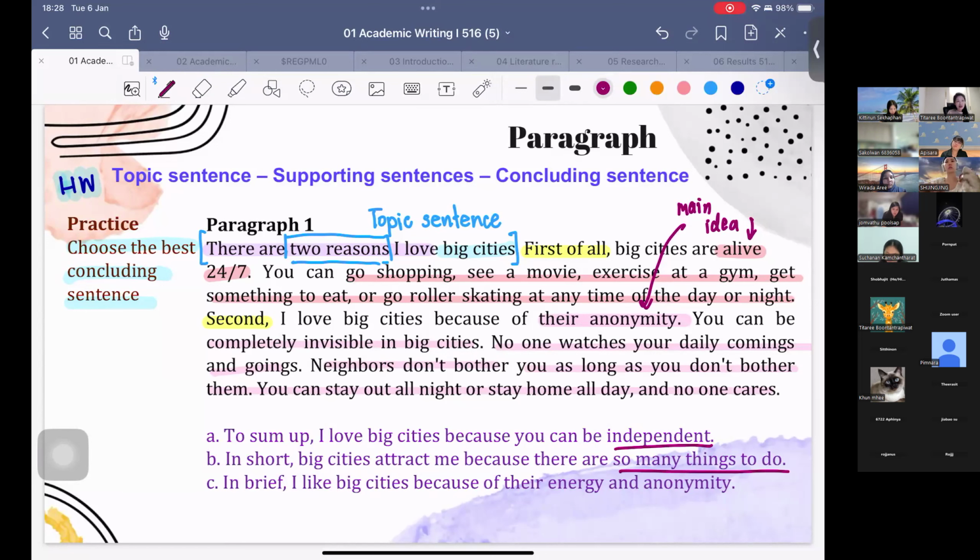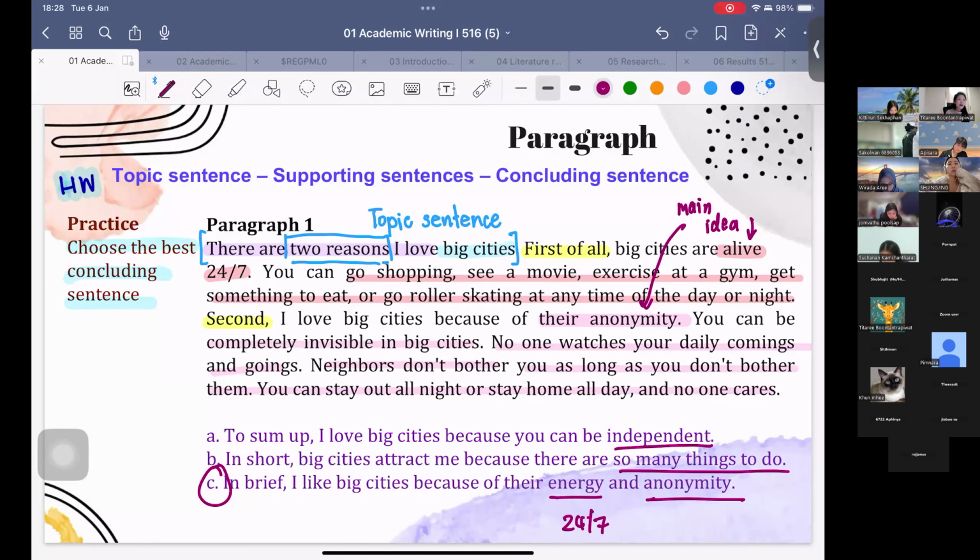That is a summary of the first main idea only, which is not complete, because we need to summarize two main ideas. That would be answer C, which summarizes main idea one, the energy, which is the 24/7, and anonymity, which is straightforward from the second main idea.